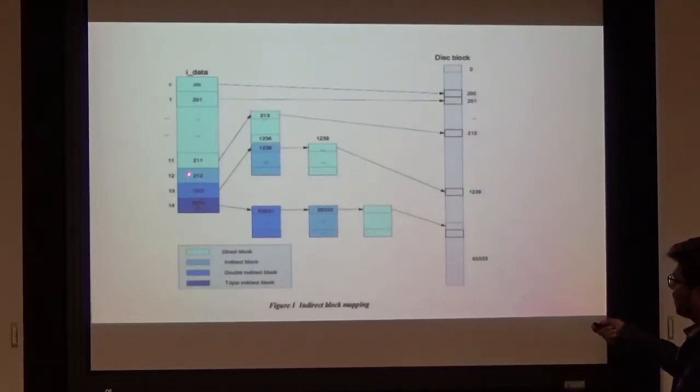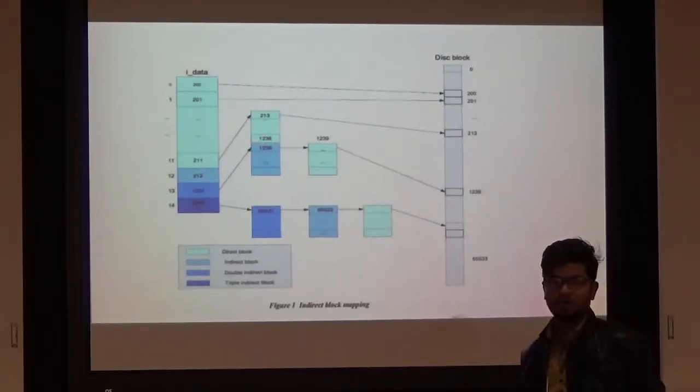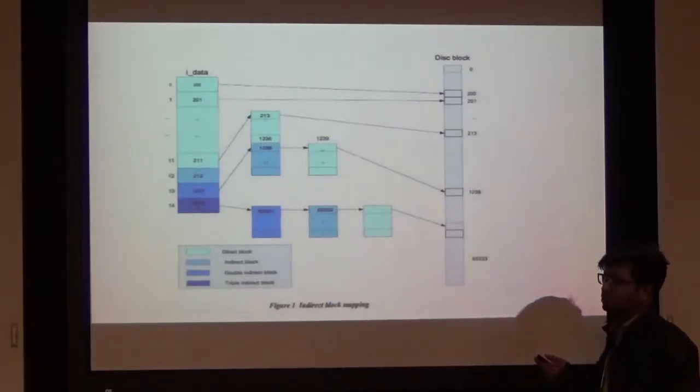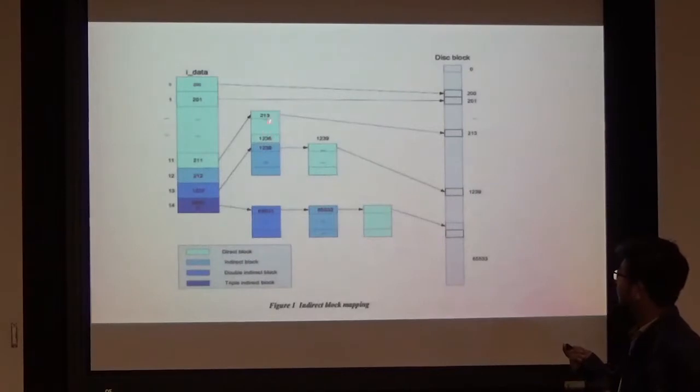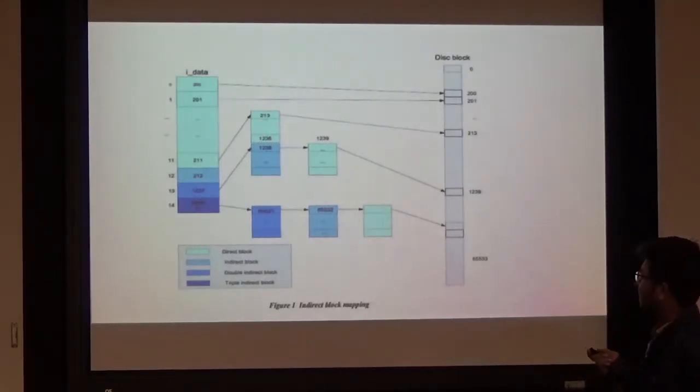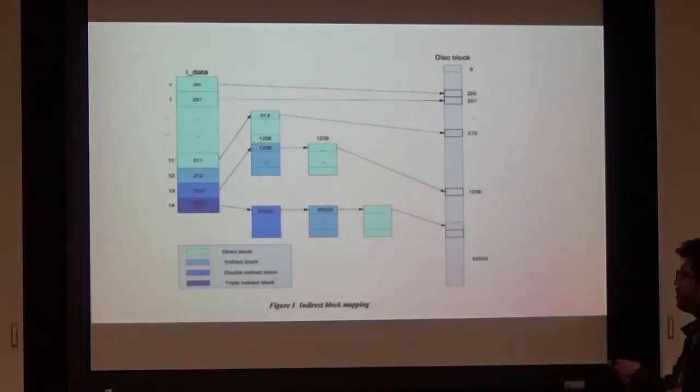and which is again pointed to from here. In that way, in one block, with a 4 KB block size and each pointer being 4 bytes, we can have 1000 pointers. So a file of that size can be mapped in that way.